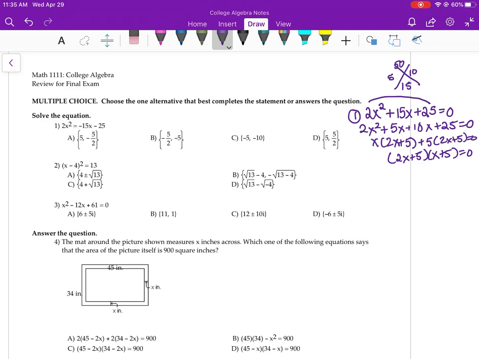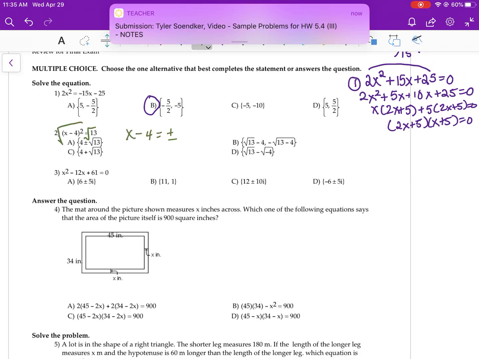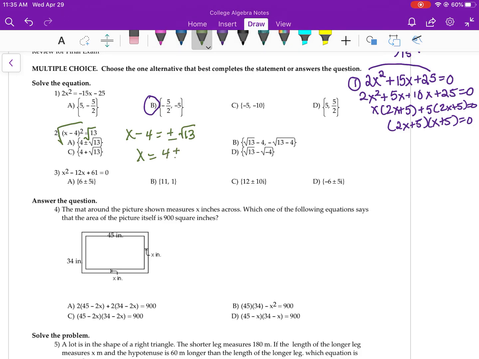And so my two solutions are B. Number 2. You're actually ready to go on that one. You're ready to take the square root. Don't forget your radical 13. Okay, and the answer there is A.